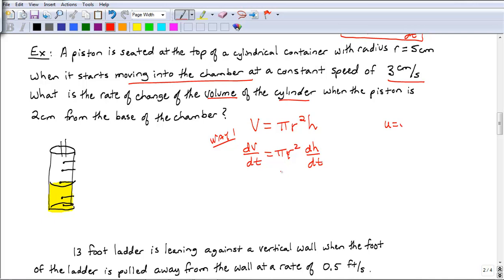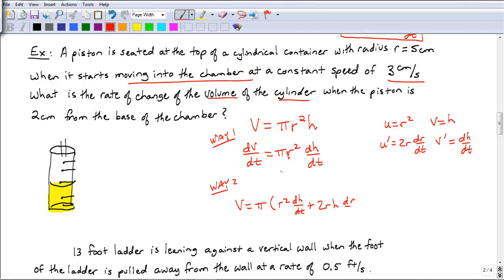For the product rule, u would be r squared and v would be h. The derivative of u is 2r dr dt, because I have to take the derivative implicitly. The derivative of v is dh dt. So by the product rule, with pi as a constant, I'd have gotten pi times r squared dh dt, plus h times 2r dr dt.